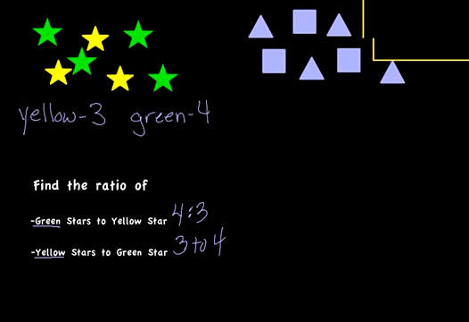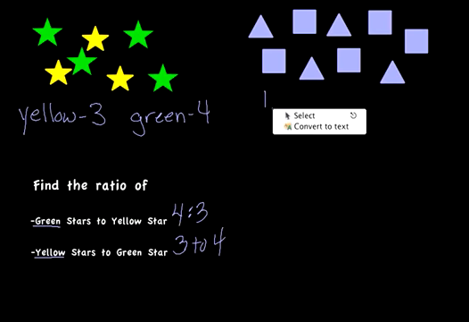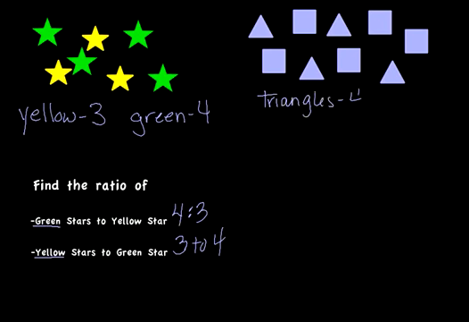The next one says shapes. And you know, all of those have the exact same color. So what are our different categories here? Okay, well, I see triangles and squares. And there are 4 triangles, and it looks like 5 squares.